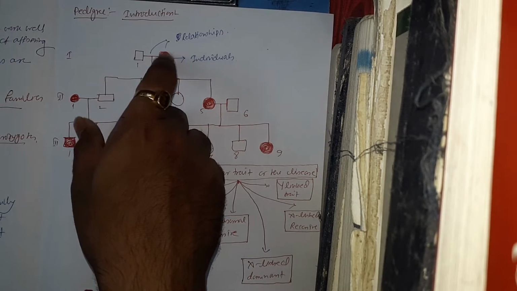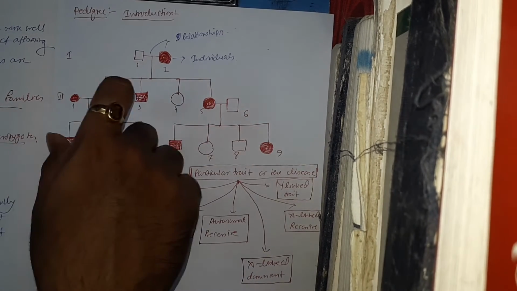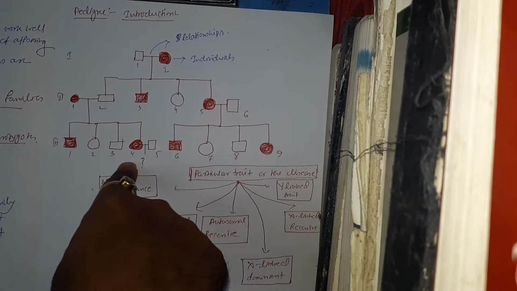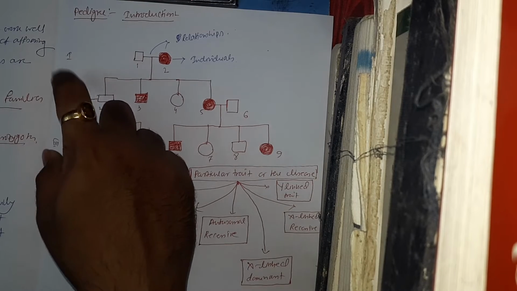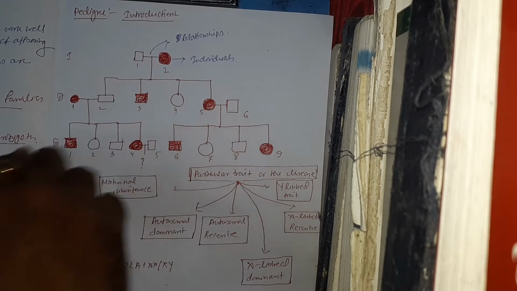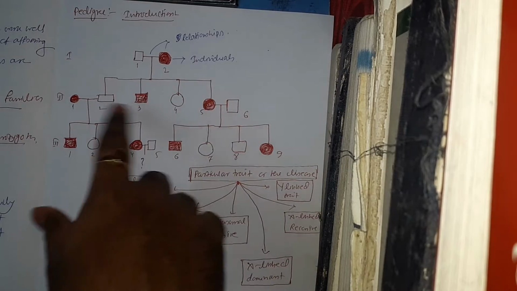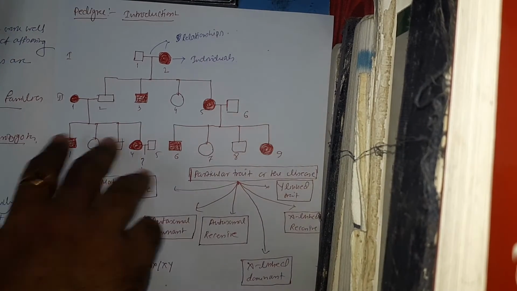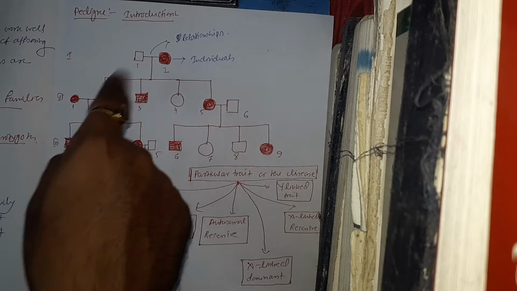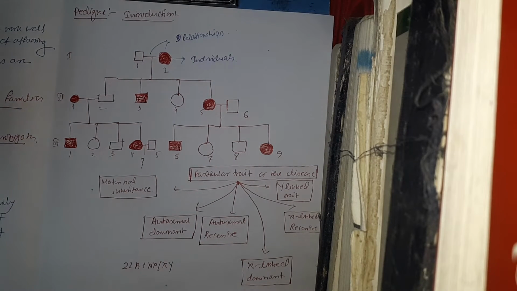Suppose this is the grandfather and grandmother, this is generation I, and this is the next generation, and this is the next generation. So the Roman numerals 1, 2, 3 tell us the different generations, and the Arabic numerals 1, 2, 3, 4, 5, 6 tell us the number of individuals present in a particular generation. I hope it is clear.